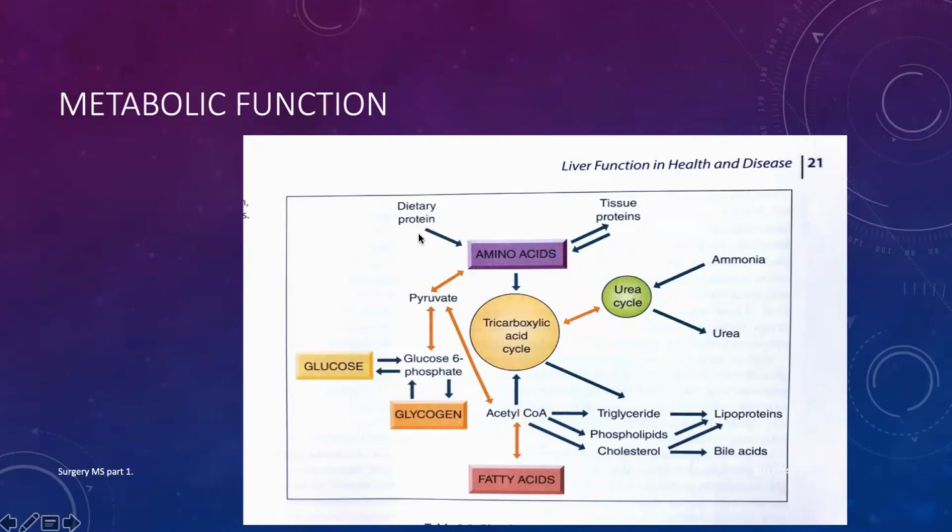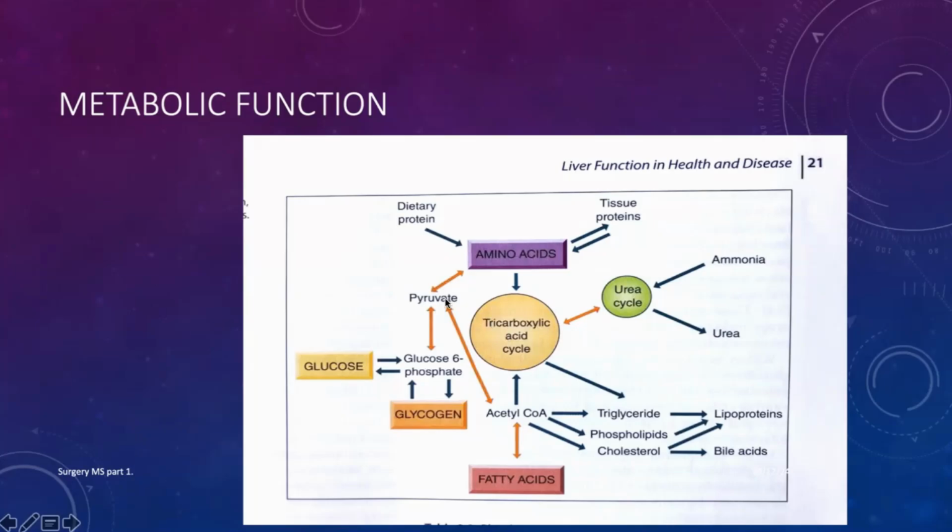When we ingest dietary proteins, they are digested into amino acids, so they can either enter into the pyruvate cycle or the tricarboxylic acid cycles, and they can interchange into the urea cycle. When it goes to the urea cycle in the liver, ammonia is being taken up and urea is being produced, which is excreted by the kidneys.